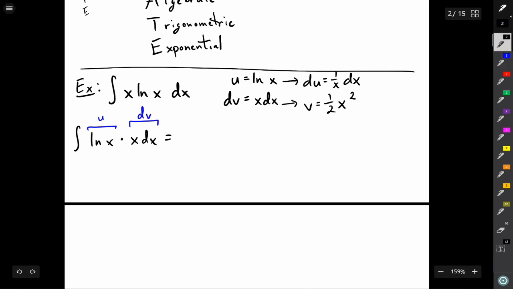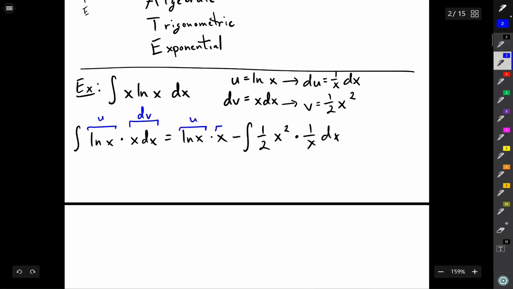We write u times v, so ln x times 1/2 x squared, minus the integral of v du, so 1/2 x squared times 1 over x dx. There's our u, and there's our v. Sorry, I wrote the wrong thing for v: 1/2 x squared.